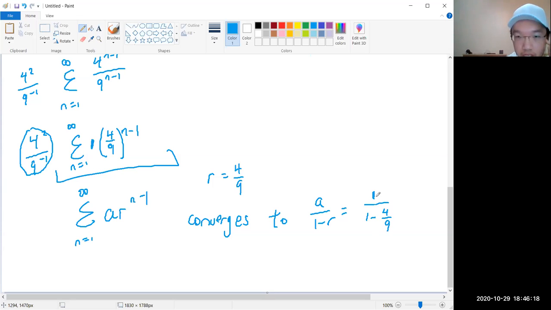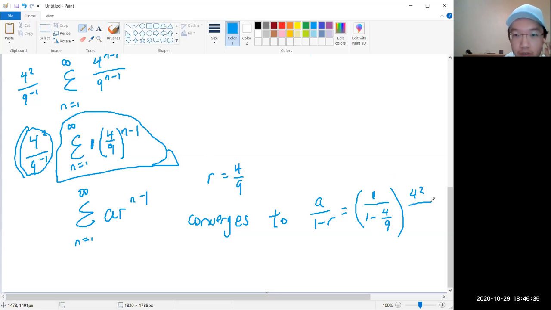So this sum right here is actually the sum of this series here. But remember that our series is being multiplied by this constant. So we had to multiply this by 4 squared over 9 to the negative 1 power. So let me just figure out what this number is.